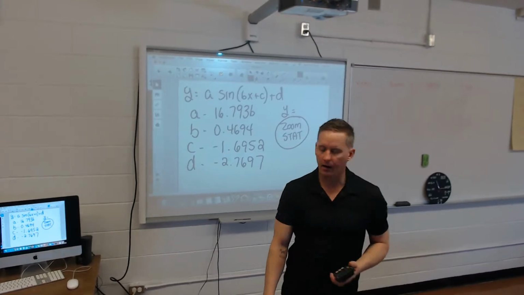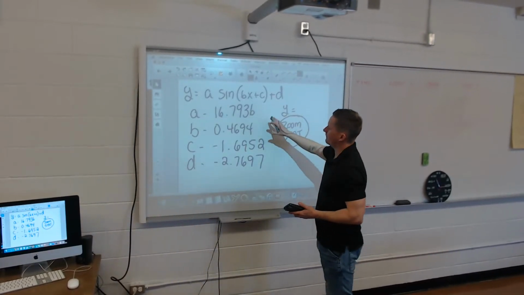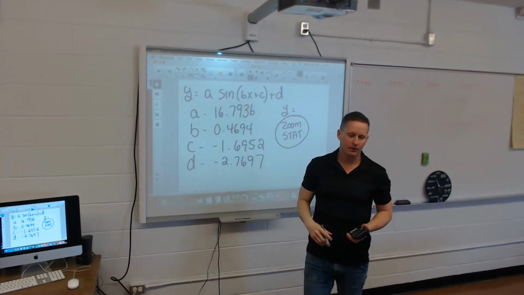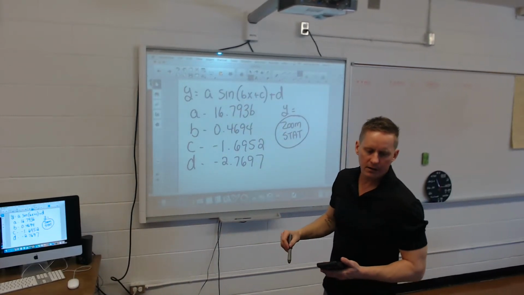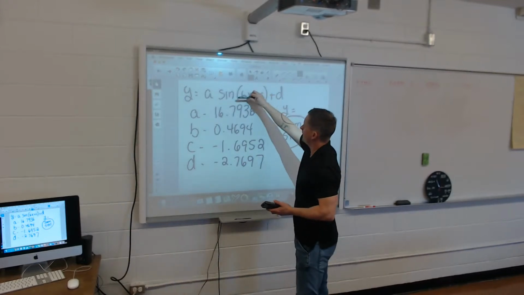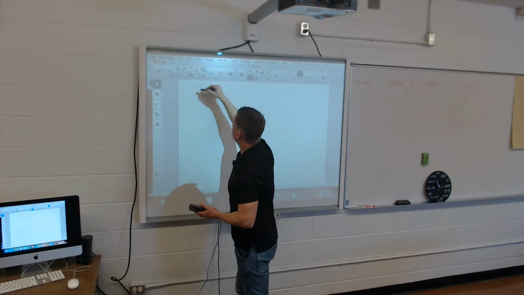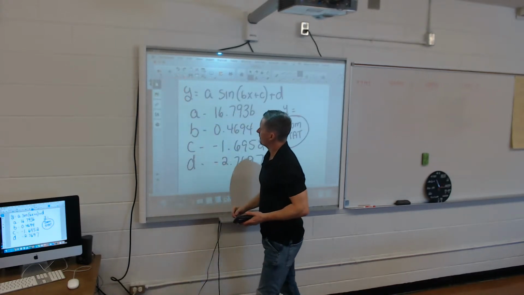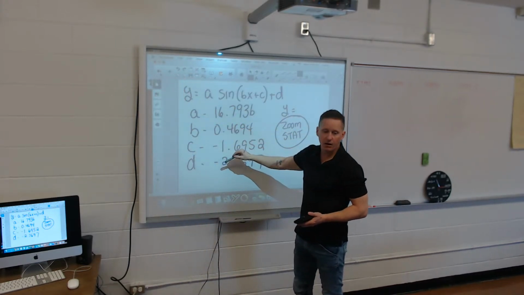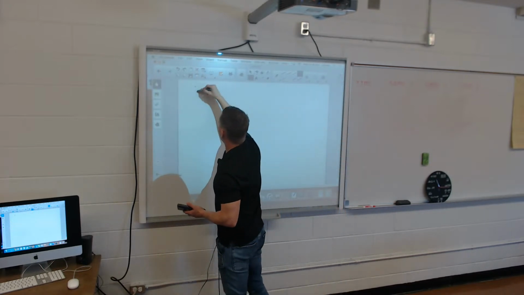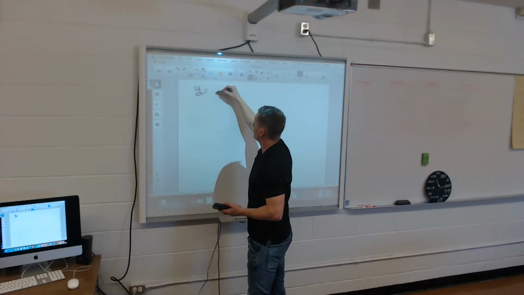All right, so our trig, if you look at our graph, when we do the regression, it gives it to us as a sine regression. So what you want to do instead, using a sine regression, is they want you to do it in a COAST. So my A, my B, and my D are all going to be the same. So I have to switch my C in order to make it a COAST model for this.